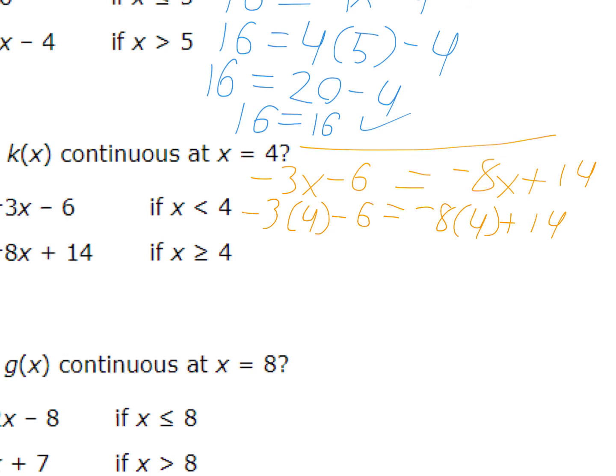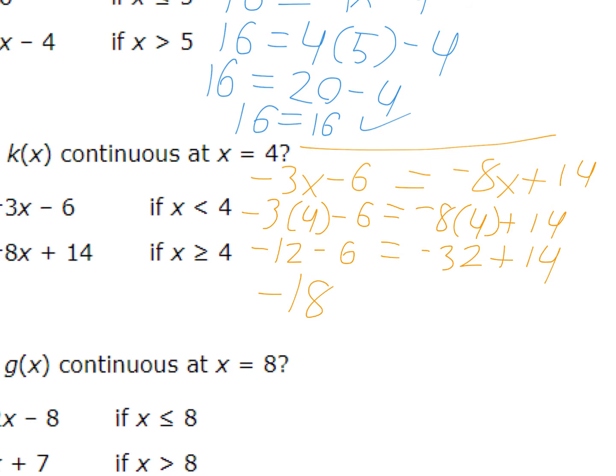Well, negative 3 times 4, that's negative 12, minus 6 is equal to negative 8 times 4, negative 32 plus 14. So then negative 12 minus 6, that's going to give us negative 18.